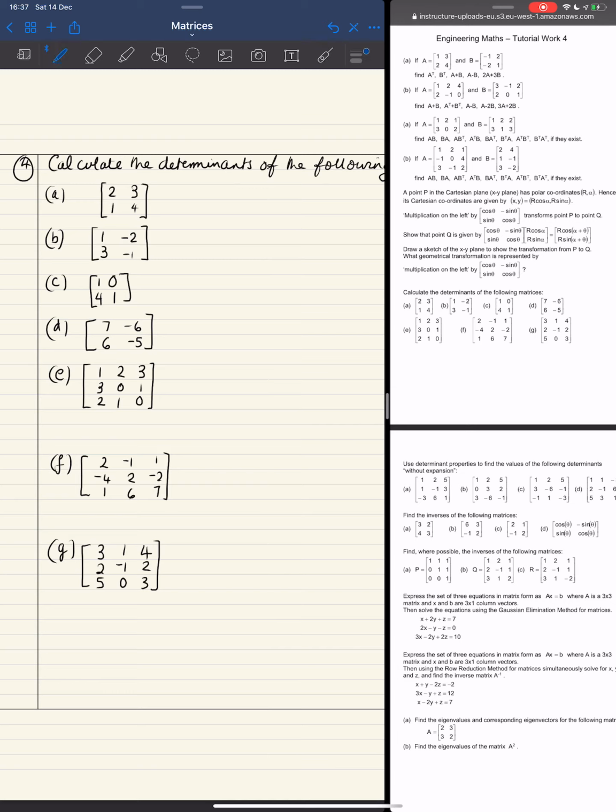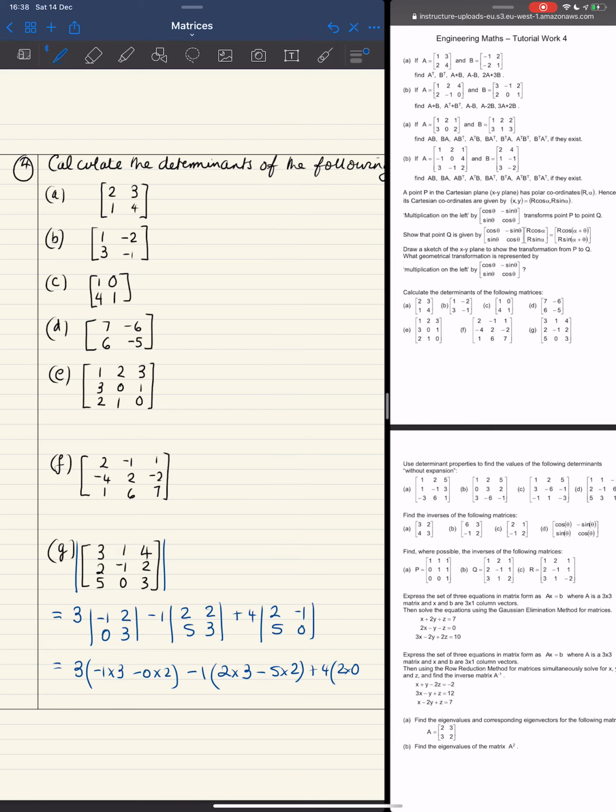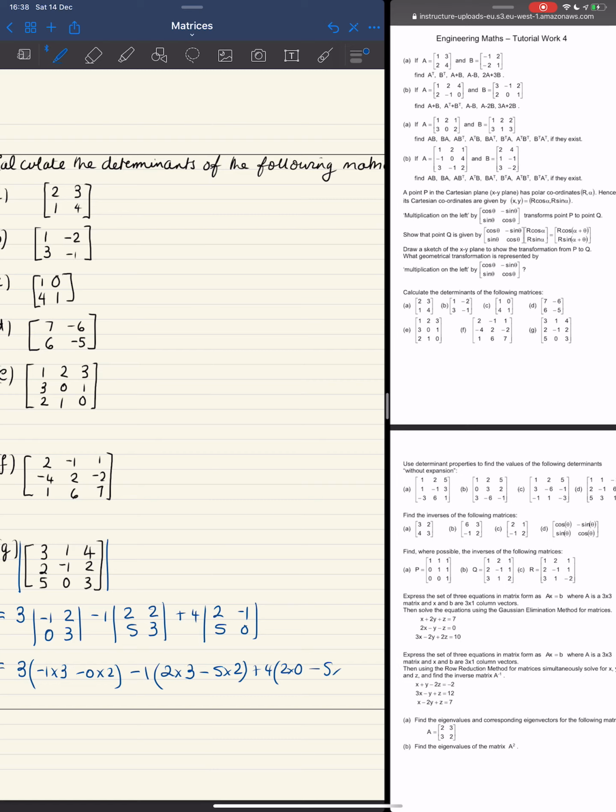Brilliant. G, so the determinant of this is 3 minus 1, 0, 2, 3, minus 1, 2, 5, 2, 3, plus 4, 2, minus 1, 5, 0. This is 3 minus 1 times 3, minus 0 times 2, minus 1, 2 times 3, minus 5 times 2, plus 4, 2 times 0, minus 5 times minus 1.